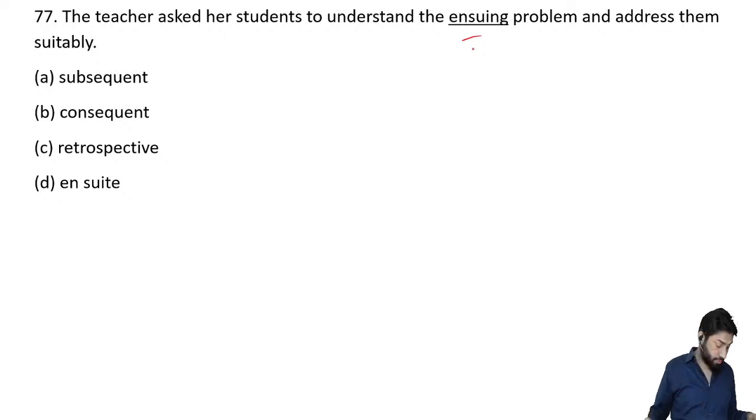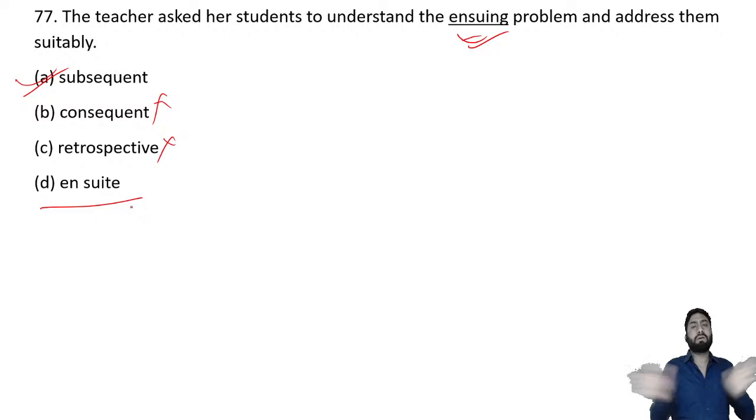Ensuing problem, this option is subsequent, consequent, retrospective, and ensuing, right? Anyway, see, subsequent, consequent, retrospective. ना तो retrospective की कोई बात है, you go back and check. ना तो consequent की कोई बात है, subsequent. Coming, ongoing, that's what the sense is ensuing का. Ensuite का मतलब something in a room with bathroom and all attached and everything, that's a suite and all. Suite. तो उसका कोई मतलब नहीं हुआ.